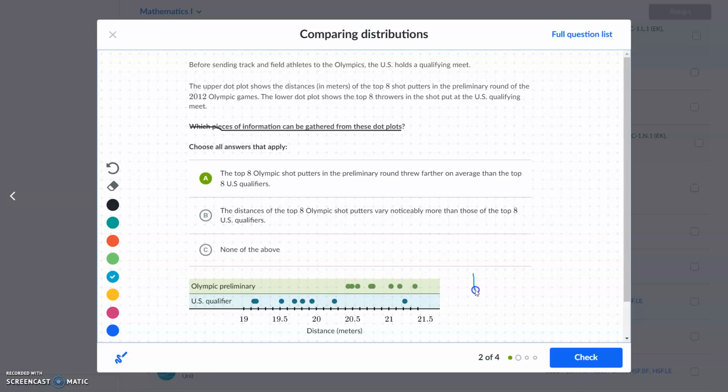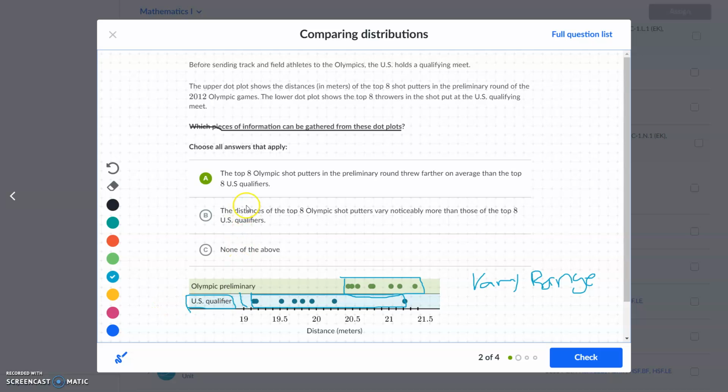So now we're looking at the word vary, and this means we're going to be looking at range. Look at the range for the Olympic preliminary and look at the range for the US qualifier. Which one's bigger? The qualifier is larger, right?